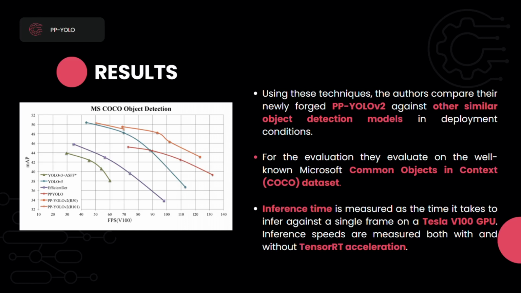As you can see from the graph on the left side, we see the mean average precision on the y-axis and the frames per second on the x-axis. Inference time is measured as the time it takes to infer a single frame on a Tesla V100 GPU, and inference speeds are measured both with and without TensorRT acceleration.